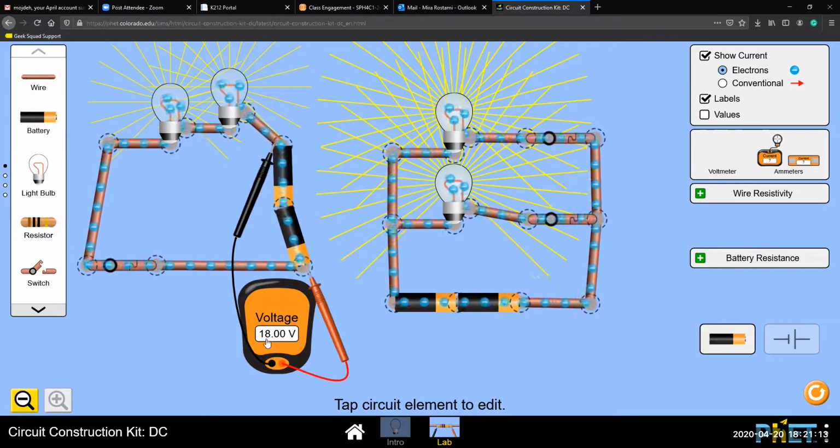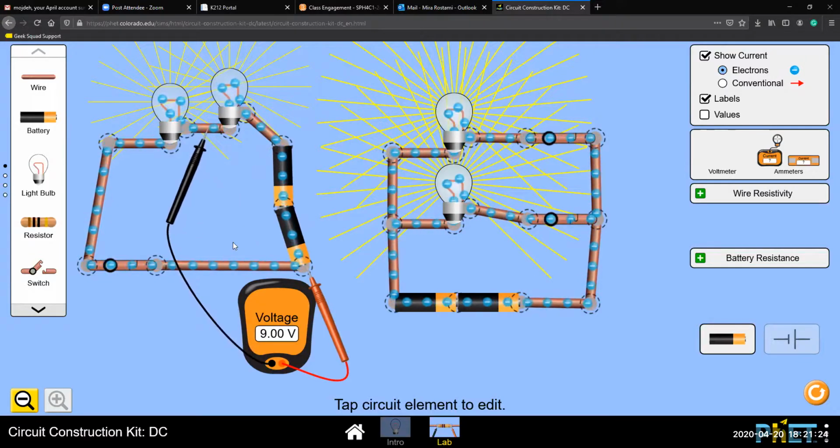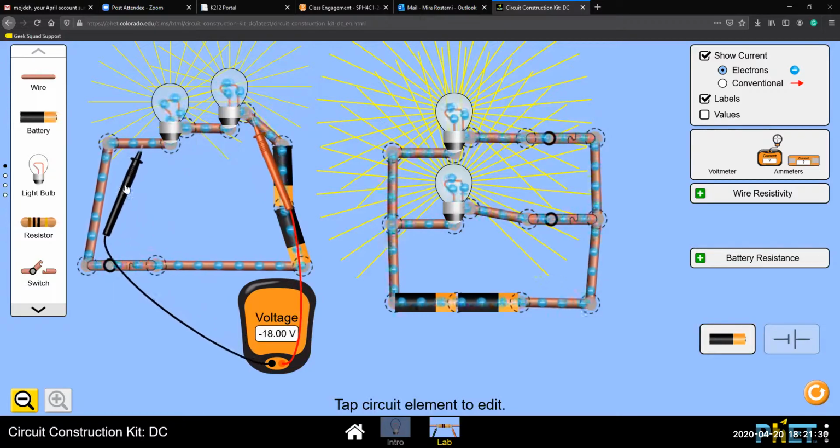It's called 18 volts. 18 volts is the energy available from my battery, right? So two batteries, 18 volts. So when I come here for one light bulb, how much energy do I lose? 9 volts. How much energy do I lose here? Another 9 volts. So that's what I mean by sharing.